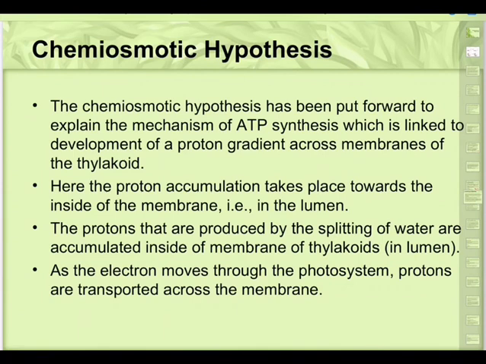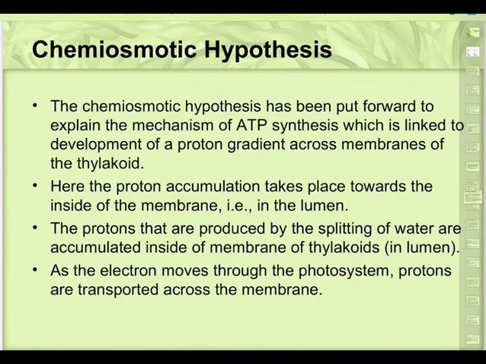We were talking about electron movement from PS2 through the electron chain to PS1, resulting in formation of ATP and NADPH. But what about H plus? That is what we will be discussing, the H plus ion concentration.